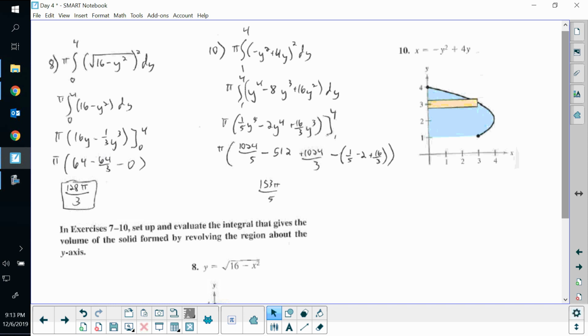So notice in 8, we had to get x by itself, so we squared both sides, added the x squared over, subtracted the y squared, took the square root. Okay, so both of them we had pi times that x value squared, which is the radius squared, dy. Did it out, subbed everything in.